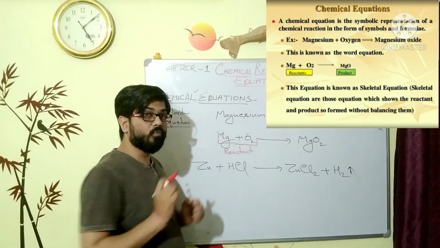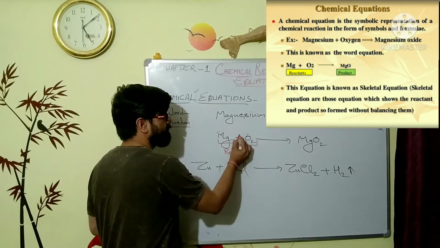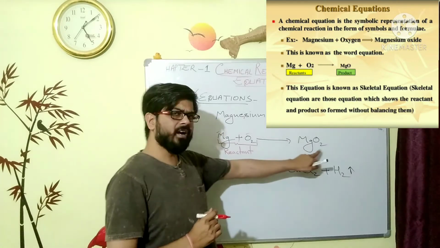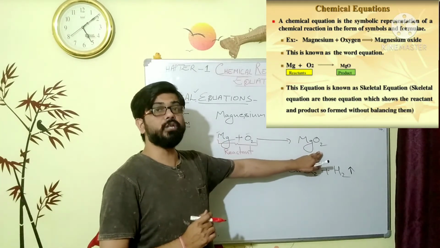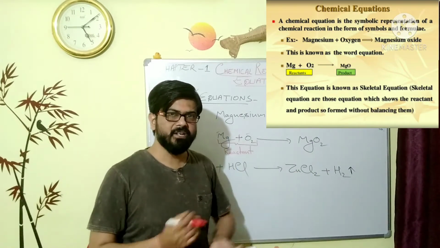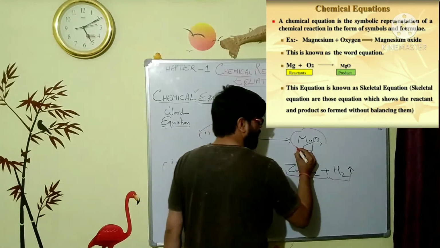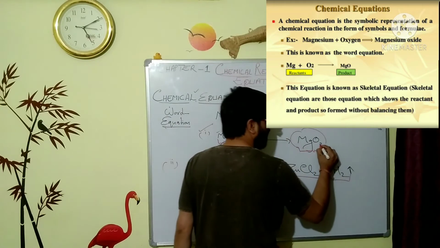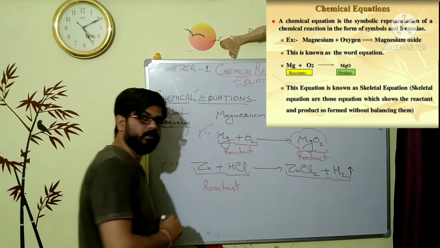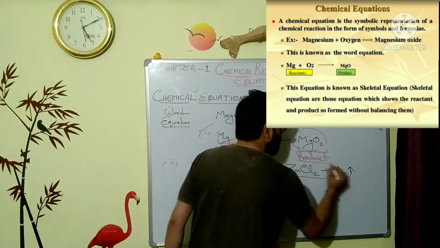If there is more than one reactant, we put a positive sign between their symbols. Another part of the chemical equation is the new substance being formed. The new substances formed during the chemical change are called the products. For example, in this case, magnesium oxide is the product. So in a chemical change there are two parts, reactant as well as product.